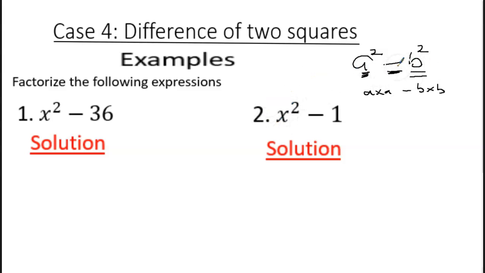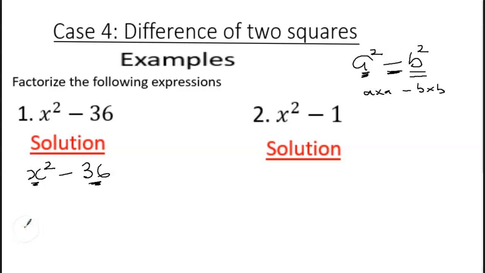So when you have such an expression, how do we factorize? Let's look at some examples here. Factorize the following expressions. The first one is x squared minus 36. Before you use this method, always make sure the first term is a perfect square and the second term is a perfect square.